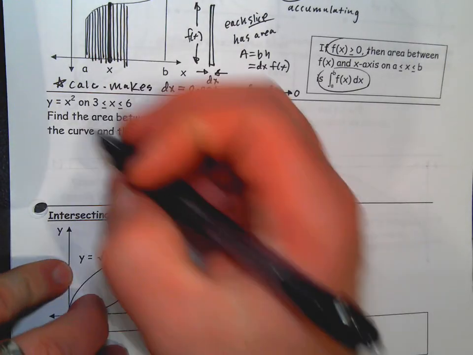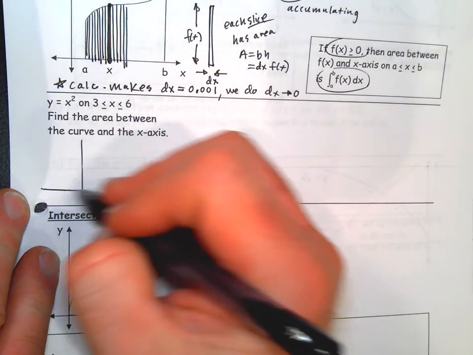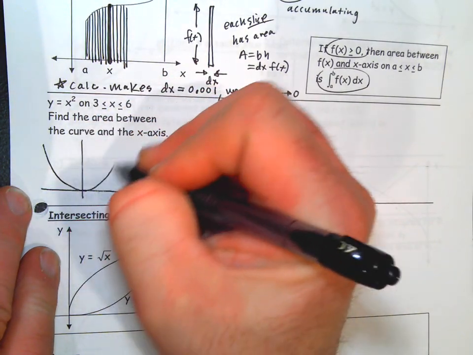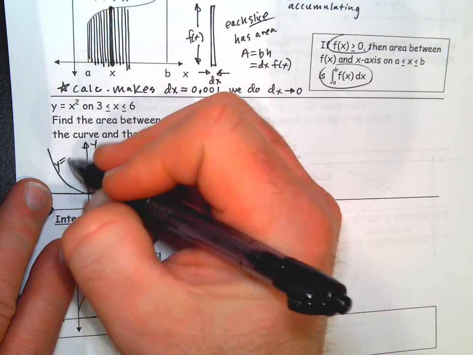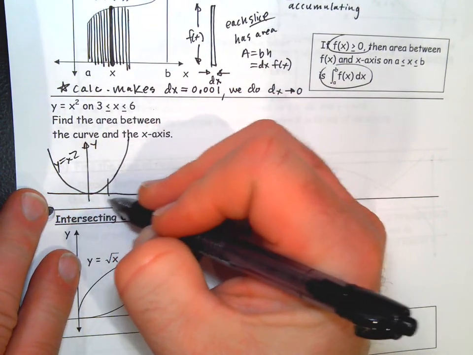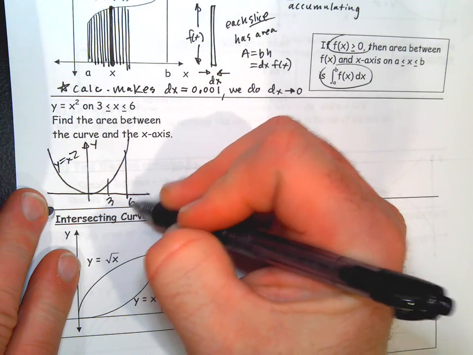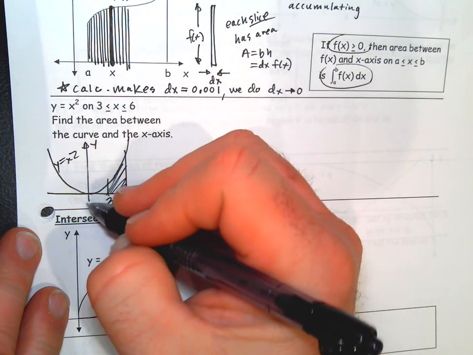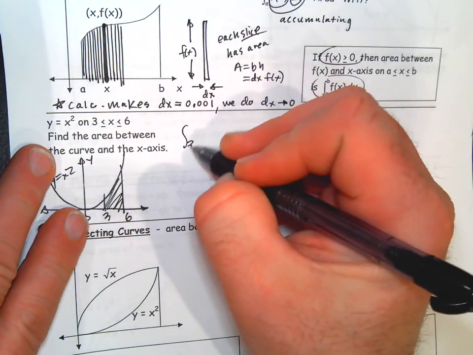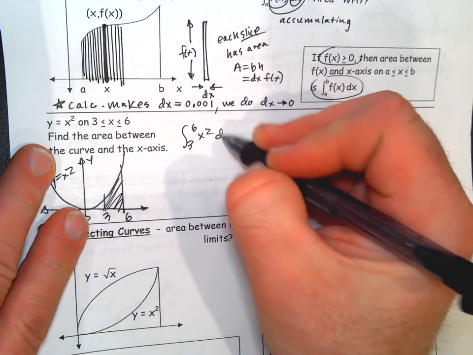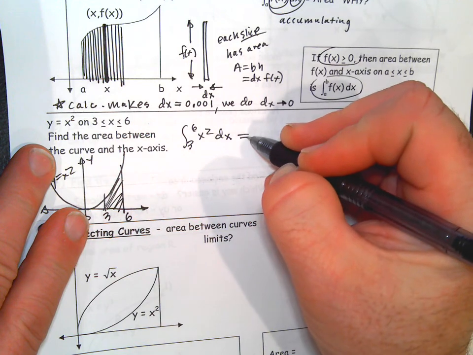So going back to a simple example, here's a function. It's a parabola. Let's say we want the integral from 3 to 6. The way we would do this exactly is to integrate x squared from 3 to 6.